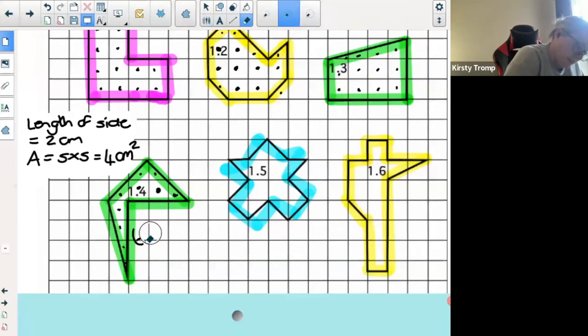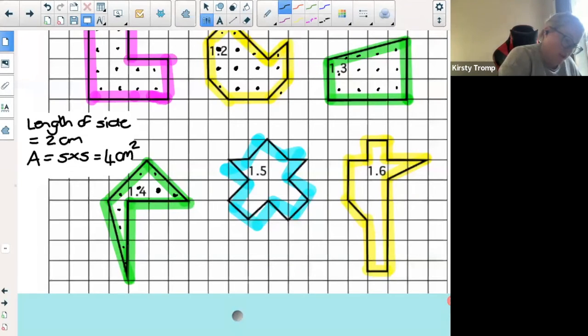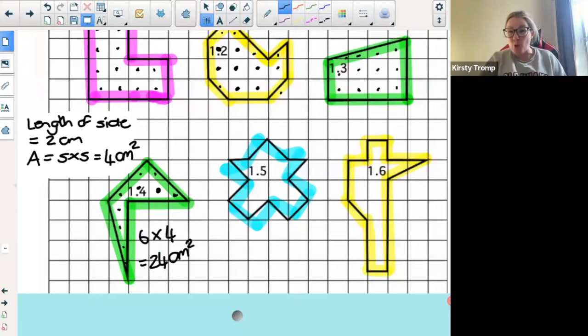I'm losing my mind here. I see that I've got 6 blocks. Let me calculate again: 1, 2, 3, 4, 5, 6. So 6 blocks times 4 gives me 24 centimeters squared. So for that first one, I had 24 centimeters squared.